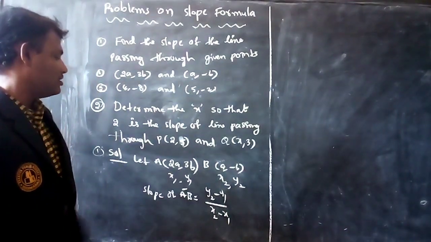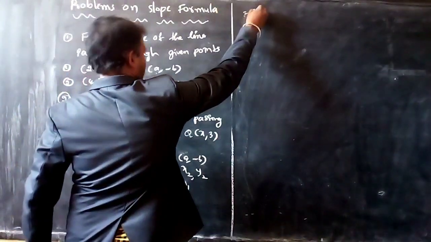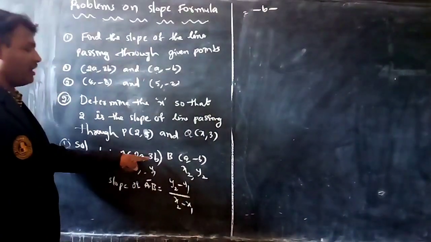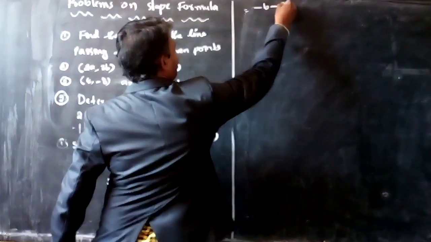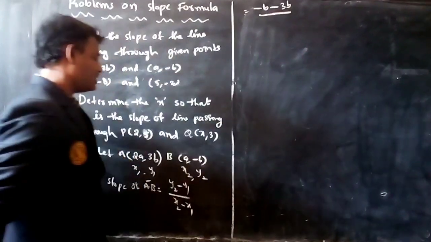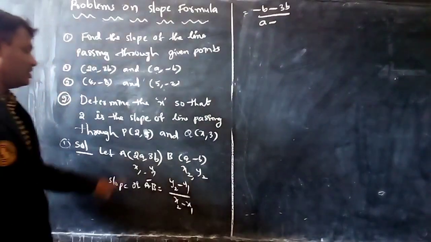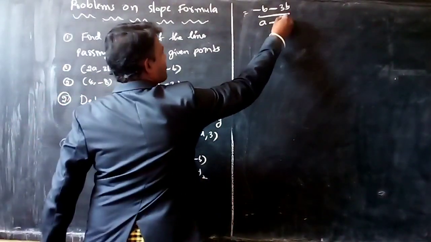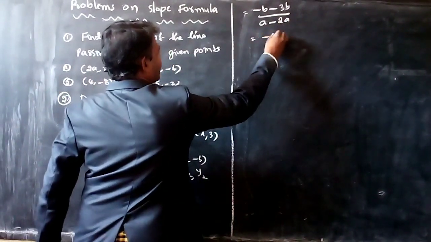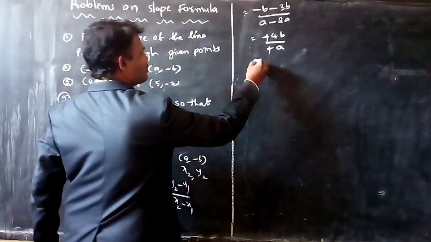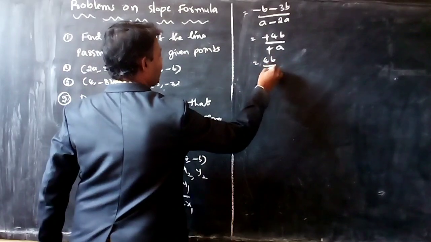Now apply the values. What is y2? y2 is minus b, minus y1, which is minus 3b, by x2, which is a, minus x1, which is 2a. That gives minus 4b by minus a. Minus cancels. So what is the answer? 4b by a.